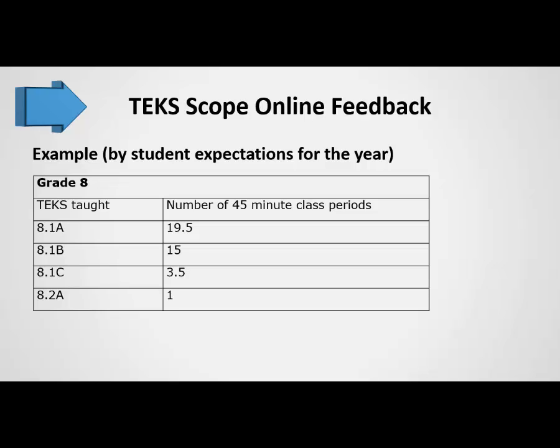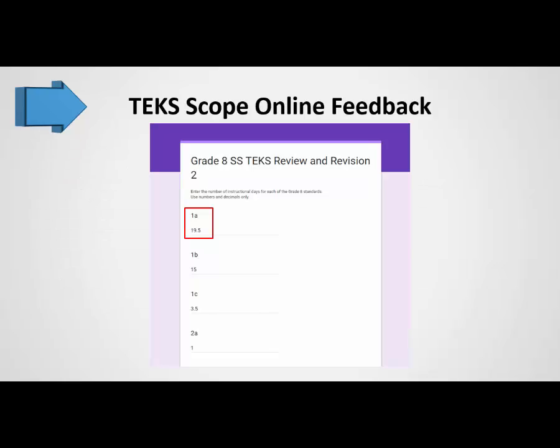Once you have calculated the number of days to teach each standard, you are ready to enter that information into the online survey. When you access the survey, it will look like this. You will enter a number for each of the standards listed for your course.